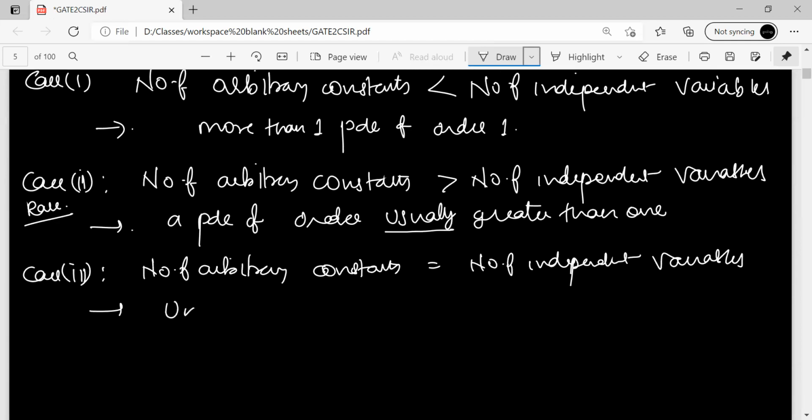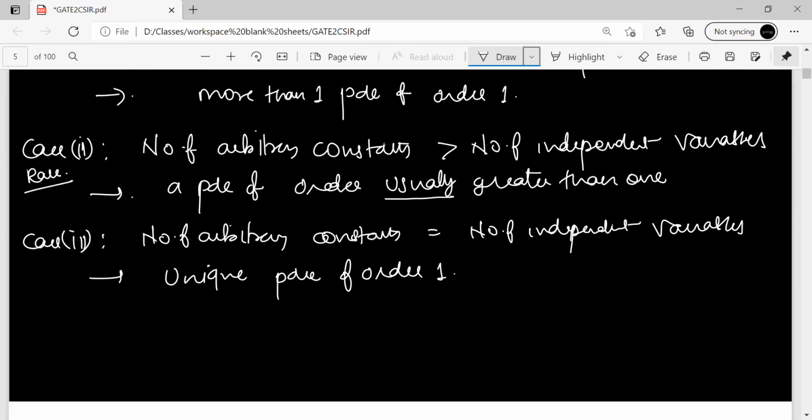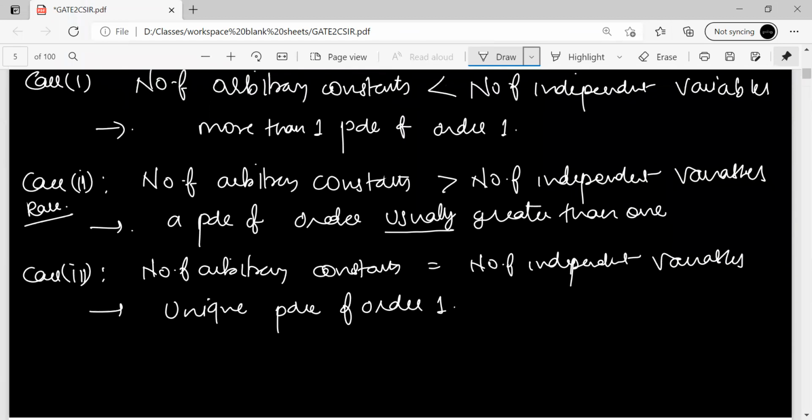You will get a unique PD, and that too of order 1. Unique PD of order 1 is guaranteed. Now let's discuss cases with the help of examples.